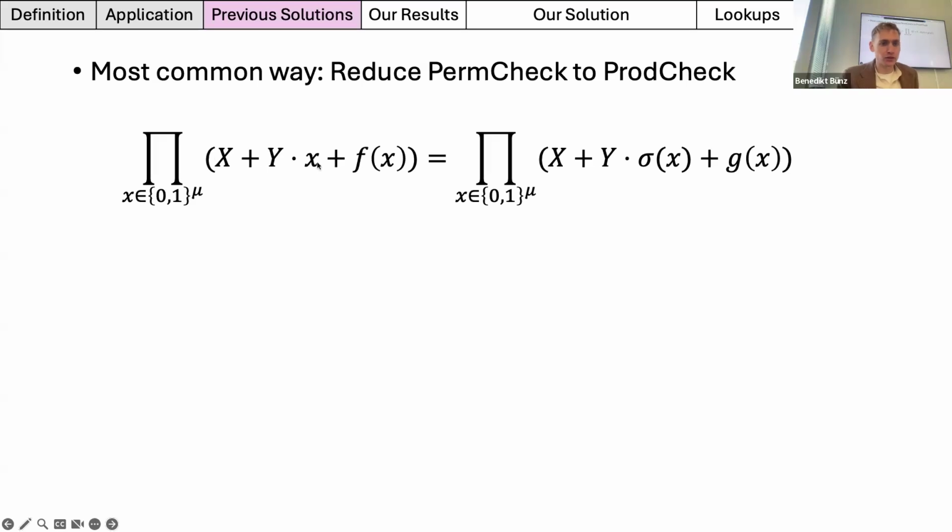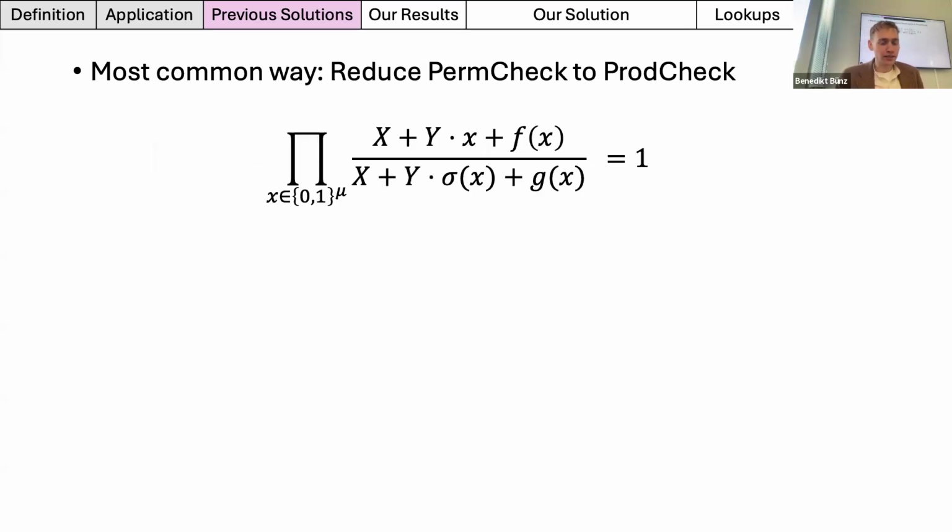And if I want to prove this for a specific permutation, I can almost do the same thing. I basically add a plus y times x on one side, and then plus y times sigma of x on the other side. And then it turns out that you're proving that these are specific permutations of each other.